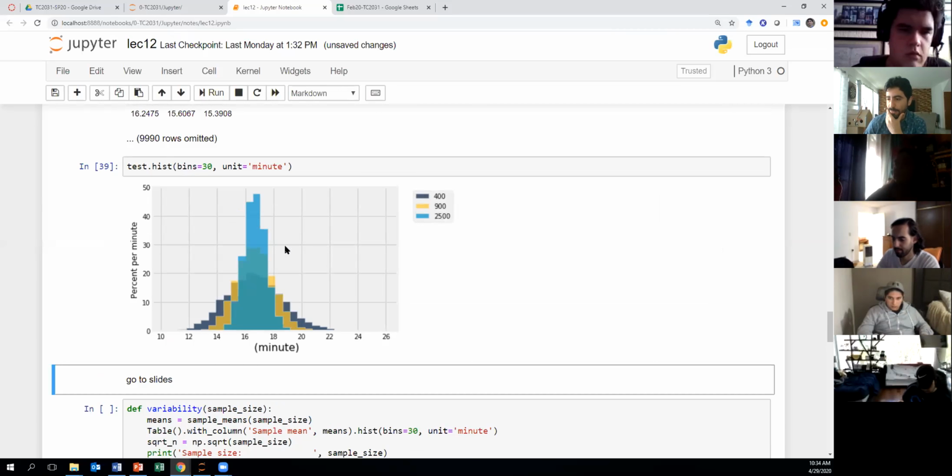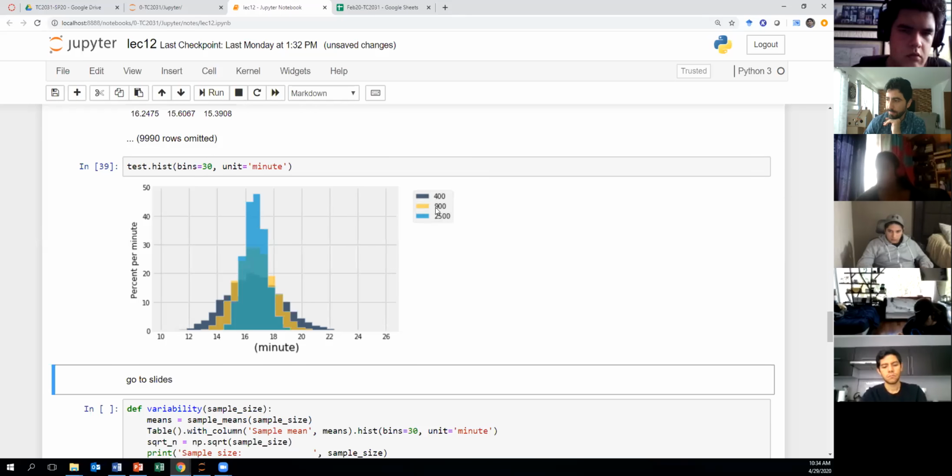So just looking at this, what can you say? The dark blue one is for 400, the yellow one is for the sample of 900, and this light blue is 2,500.